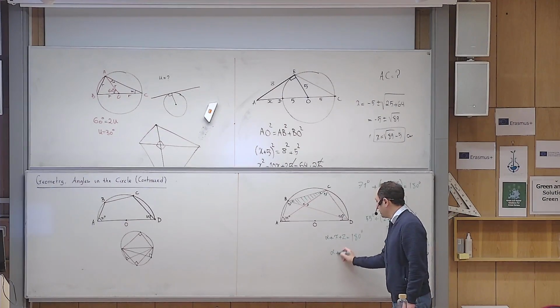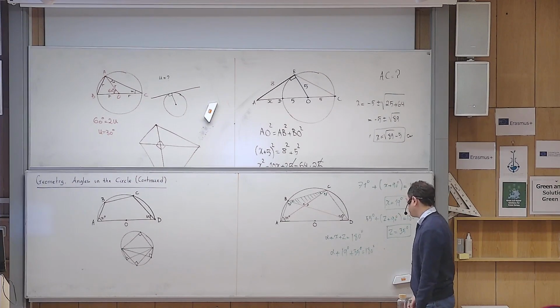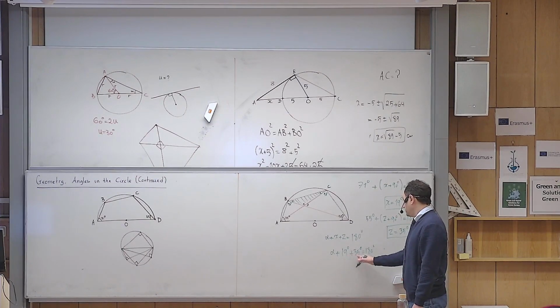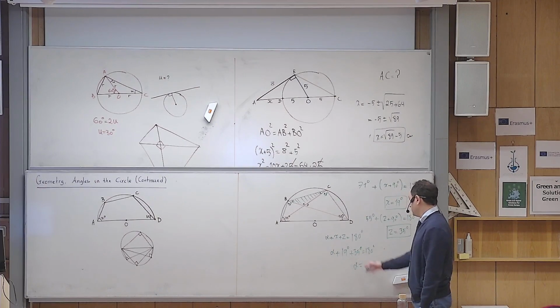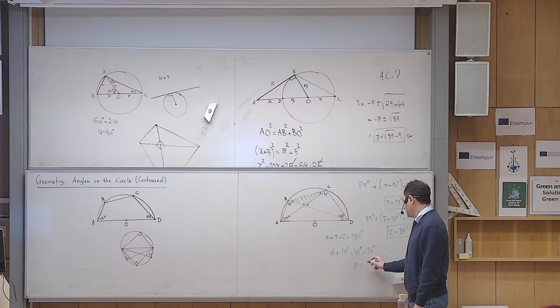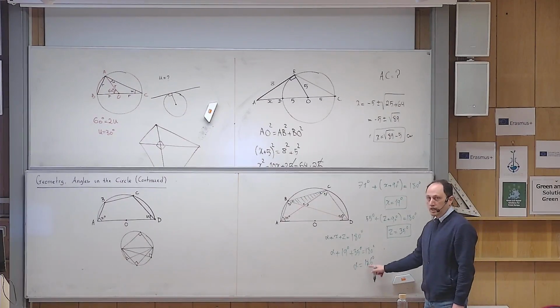So alpha plus 19 degrees plus 35 degrees is 180 degrees. So alpha is 180 minus 54, which is 126 degrees. But is alpha the answer?